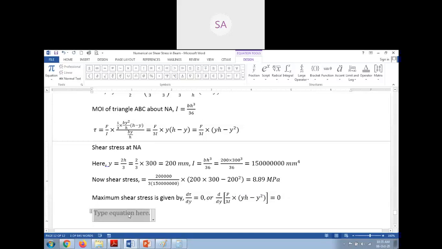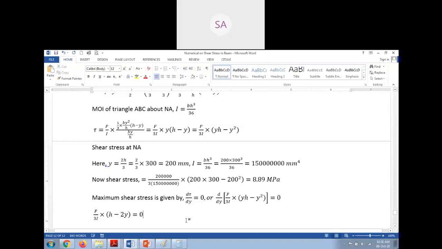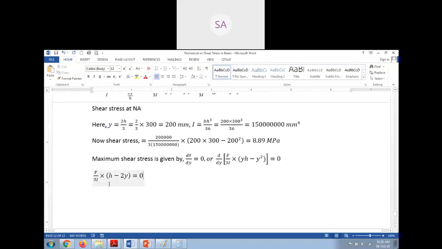So I'll just put it here into yh. I am differentiating with respect to y, so it will be h minus y square will become 2y, and this should be equal to 0. F by 3I will go on the other side, so that gets cancelled.